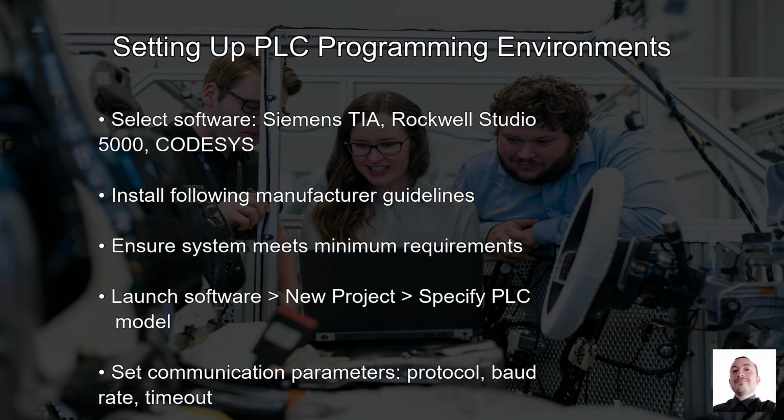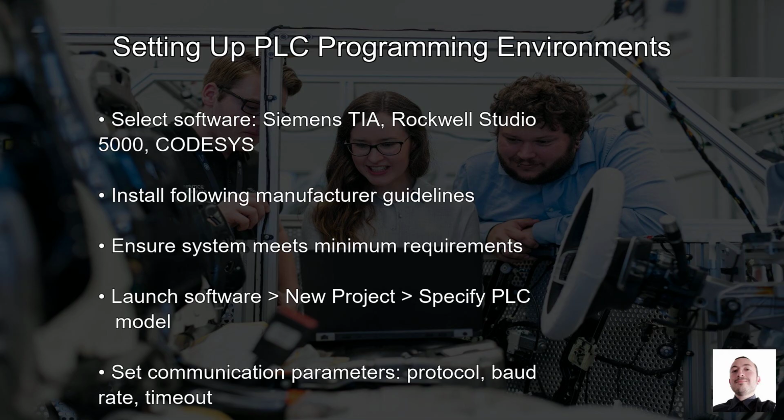Next, set up your communication parameters. This includes selecting the correct communication protocol, such as Ethernet/IP or Modbus, and configuring the baud rate and timeout settings. Remember, a baud rate of 19,200 is commonly used for legacy devices, while modern PLCs might require higher rates.